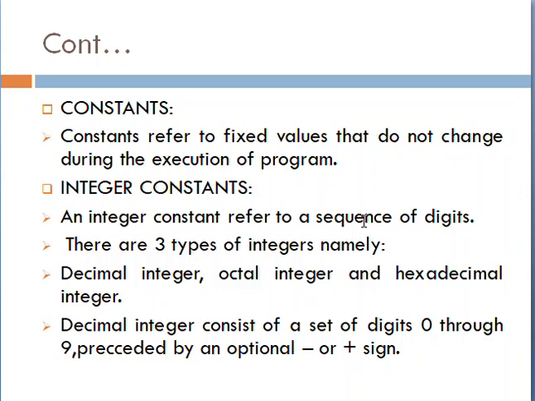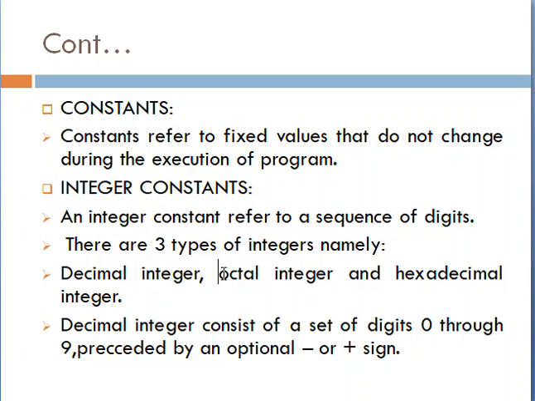Decimal integers are those integer values that contain 0 to 9, preceded by an optional minus or plus sign. So numbers 0 to 9 are known as decimal integers.